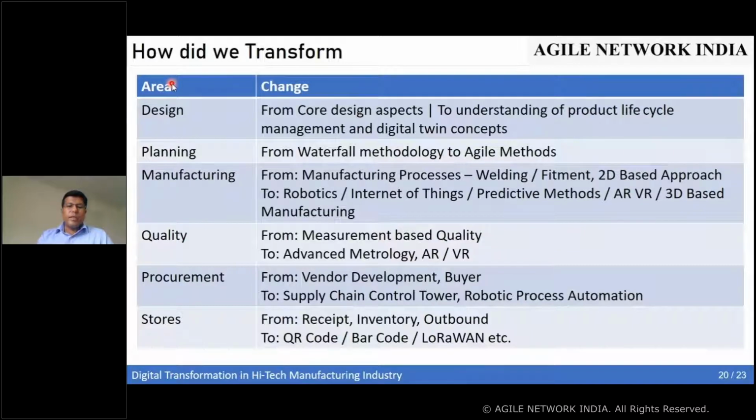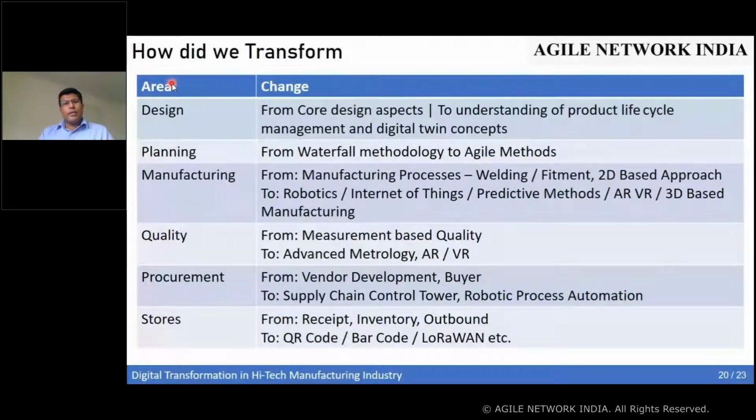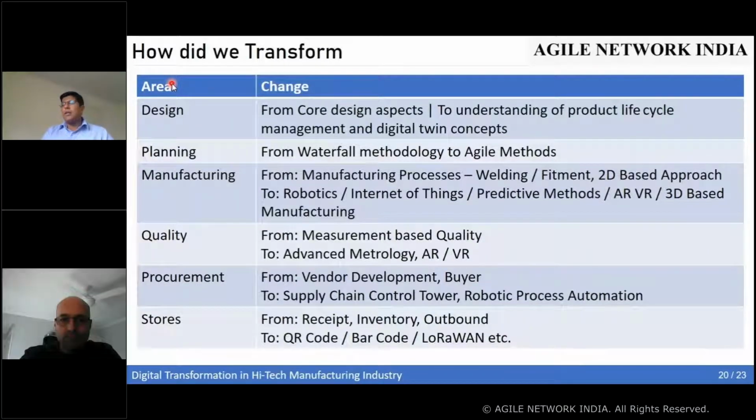That's it. When we talk about stores, right, we used to do receipt, inventory, outbound, all these conventional ERP activities. Now we have transformed to QR code, barcode, and started using LoRaWAN, etc. technology to trace our materials right from the business partner end to the in-process manufacturing and to our customer end.